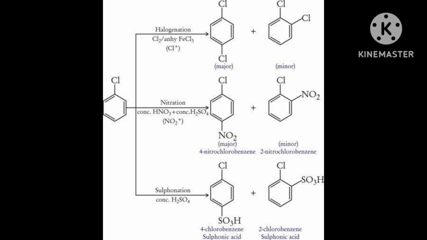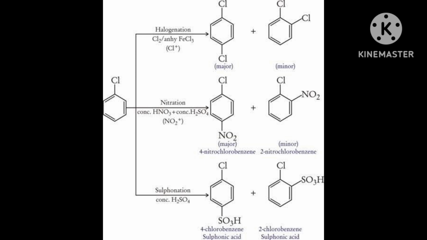Then N is positively charged. All groups which are positively charged are called electron withdrawing groups. You remember, in a molecule, any atom, if it has a positive charge, it means it wants electron.